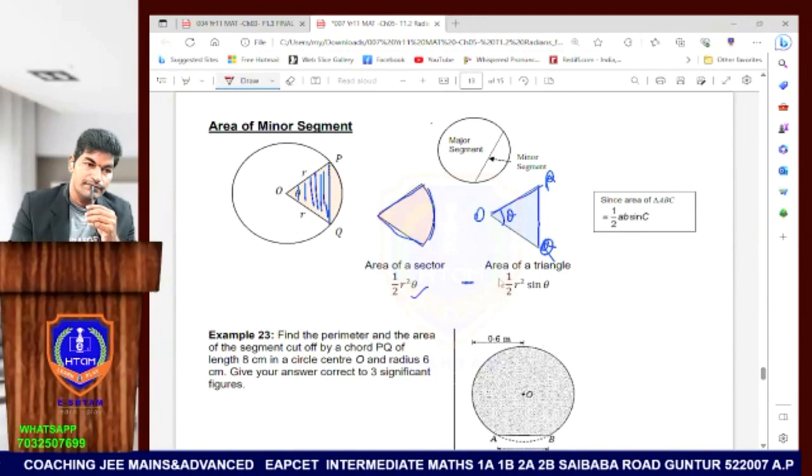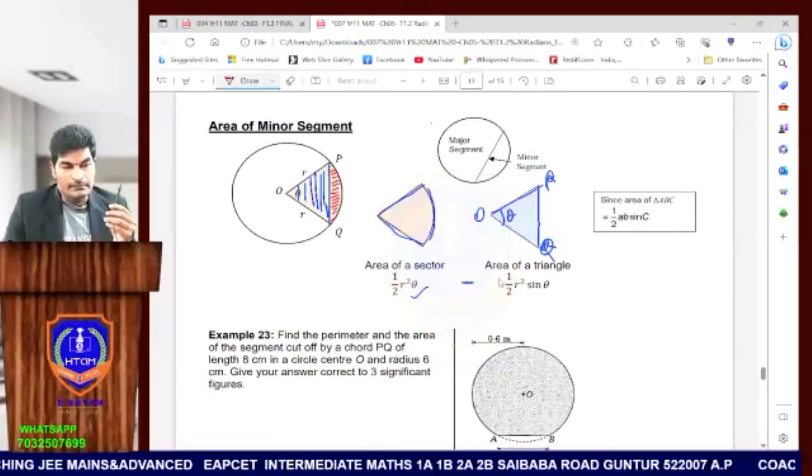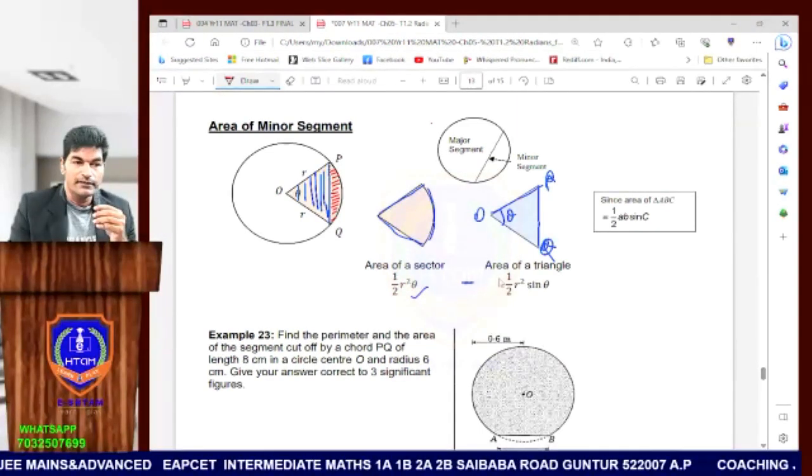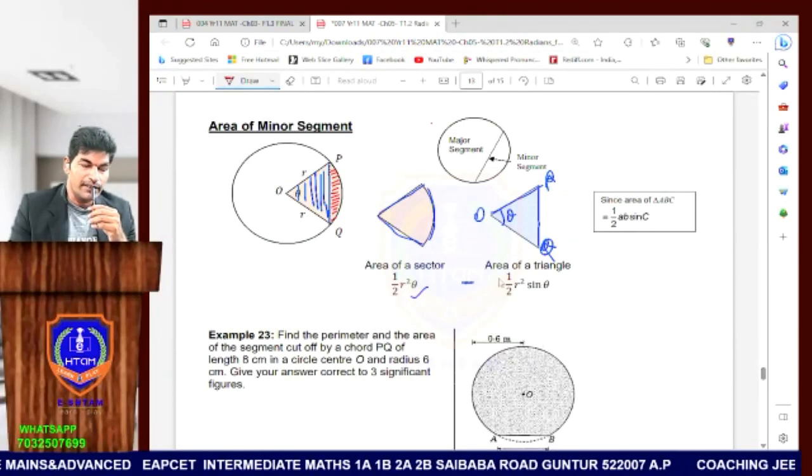The area of the minor segment is left, this shaded portion. Yes, that is called the minor segment.